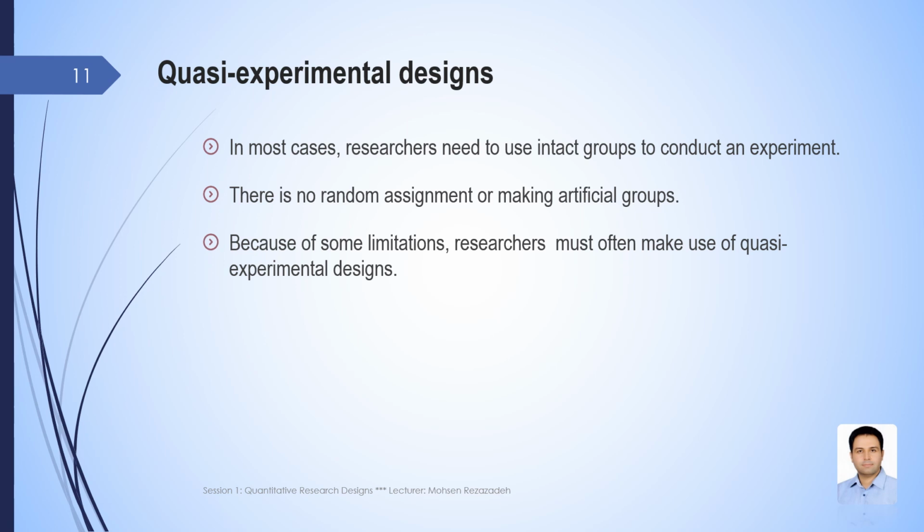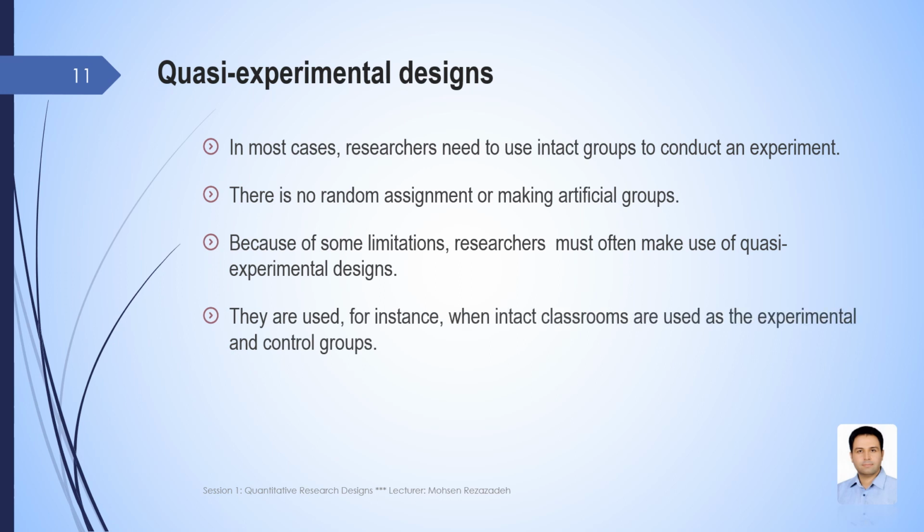They do not let you do that. So sometimes because of these limitations, you have to use quasi-experimental designs. These designs are used, for instance, when intact classrooms are used as the experimental and the control groups.